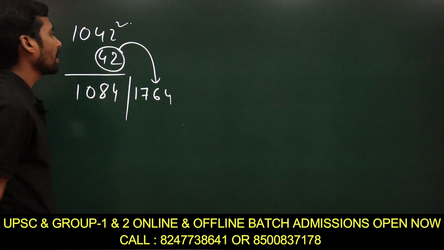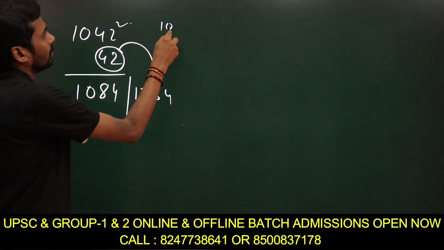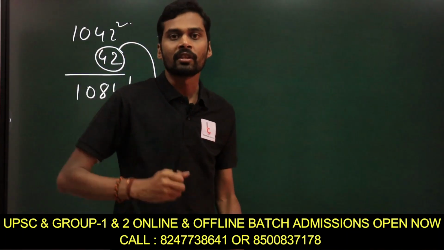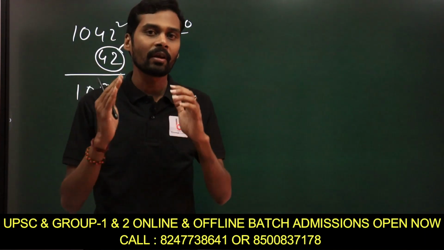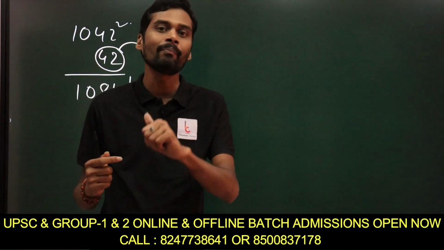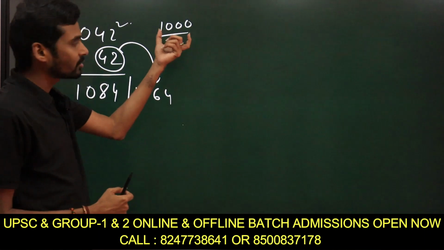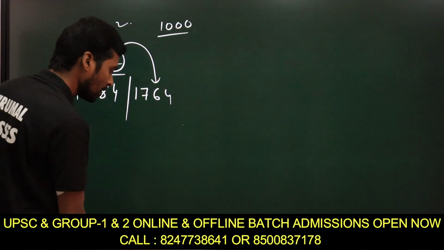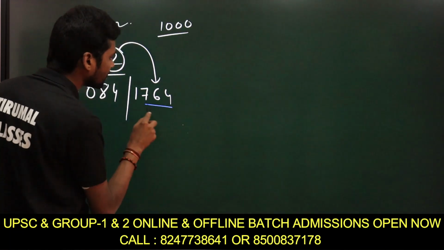8 square is 64. But this is not the final answer, because you always need to check that the right side part must have the number of digits equal to the number of zeros in the base value. So how many zeros do we have? 3 zeros. That means I should have only 3 digits.